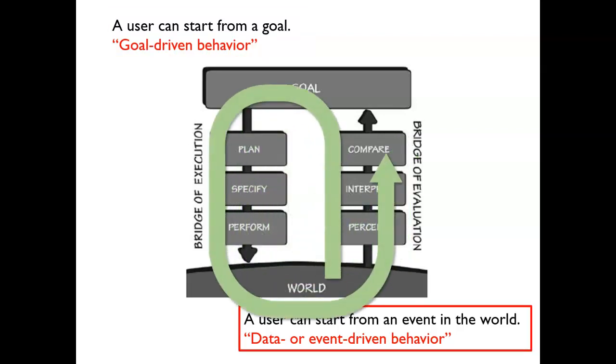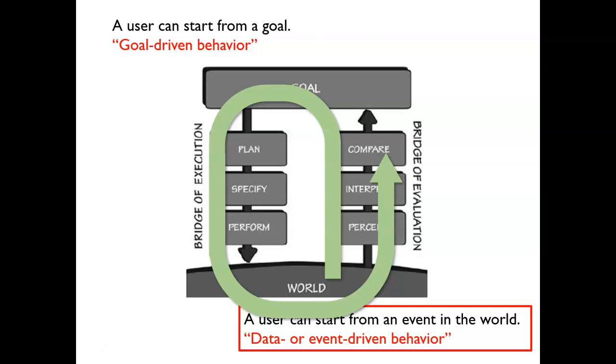Then if we go the other way around, starting with the data or event-driven behavior, in the world, gee, I wonder what's going on in the music world today. I perceive the advertisement. They're coming to town. I interpret that. That sounds really fun. Compare. Wow, I'm kind of bummed right now because I'm not at the show. I'll form a goal. I will go to the show. I will plan: I must buy a ticket.